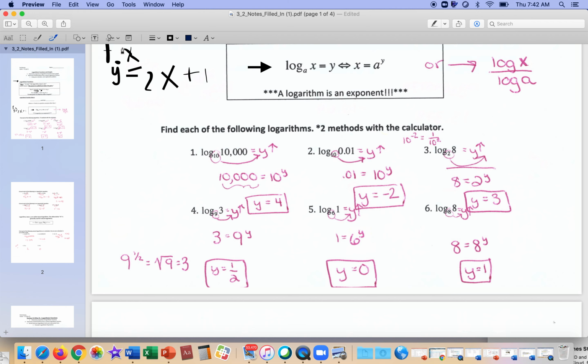Sorry guys, it's hard to write with this one. I'm writing on top of a PDF, so it's a little bit harder.